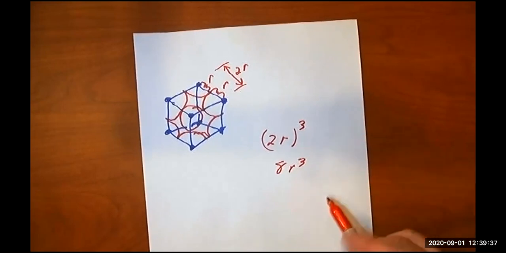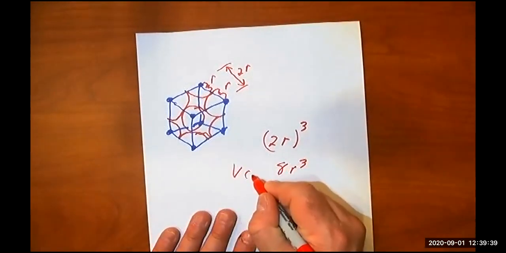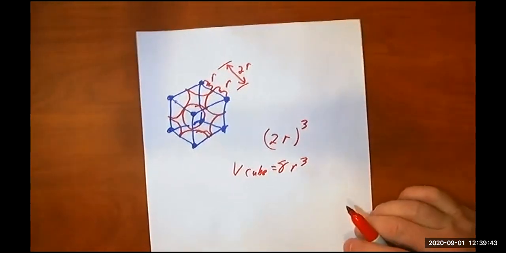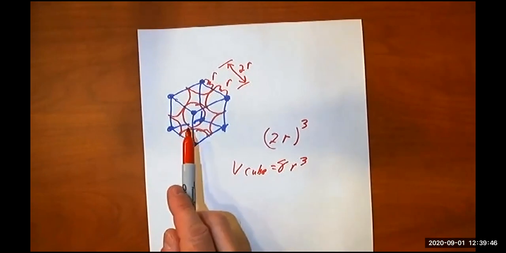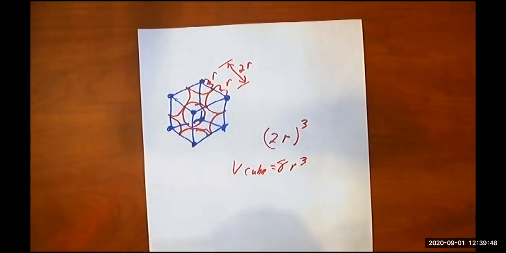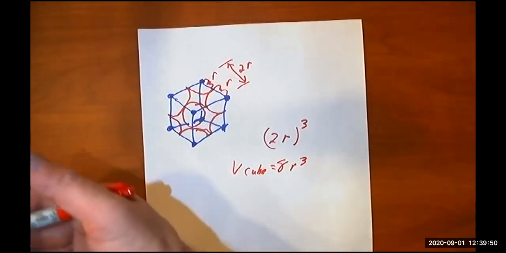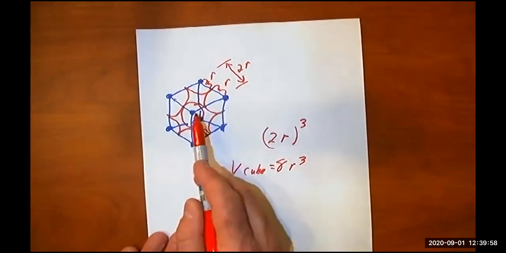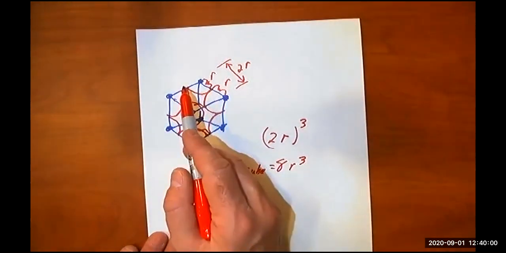Okay. So this is the volume of the cube. Now, if we look at the portion of the cube that the spheres are taking up, the easiest way to do that is for us to count how many spheres there are in the cube. Well, there are parts of 8 of them, right?